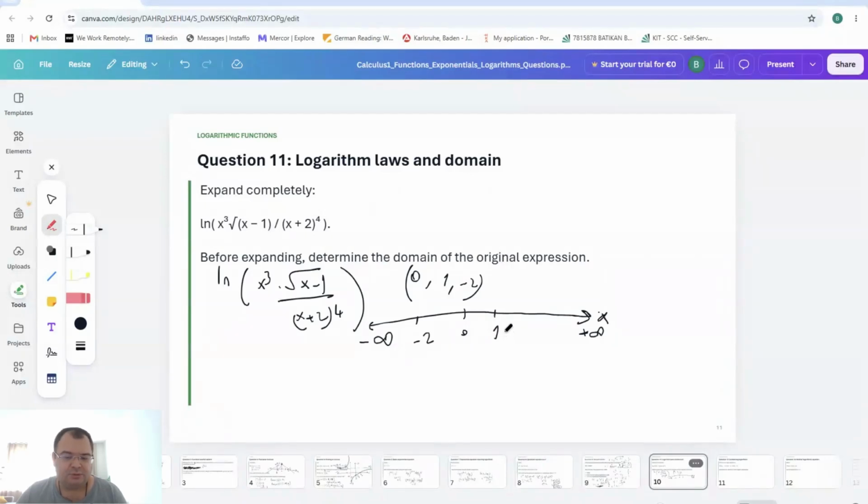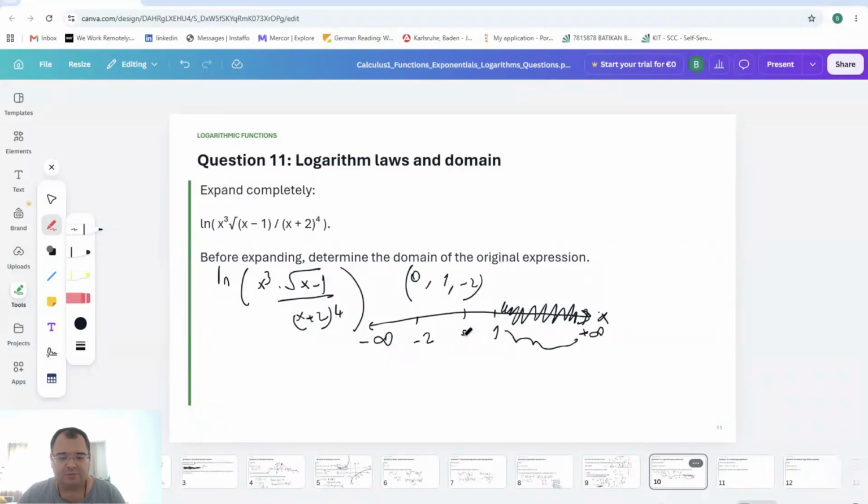For the x values that are greater than 1, everything becomes positive, so there is no problem. You don't have any problem with ln being negative, the inside of the square root being negative, or the denominator being 0. So you can use this range without a problem.